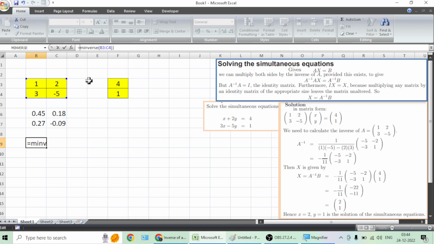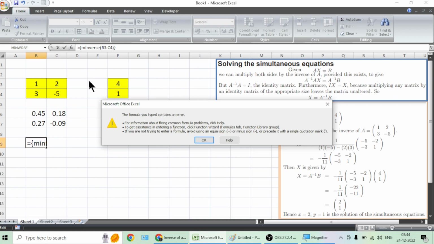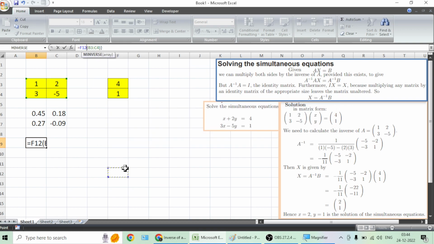Let us try here, and again there is an error. So there is an error when you try to type it, so the shortcut key is pretty helpful.